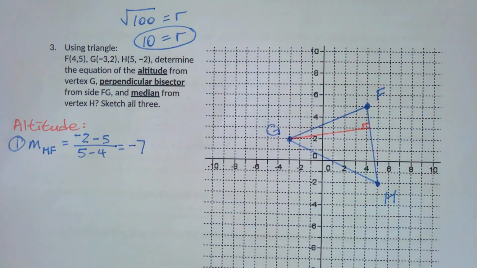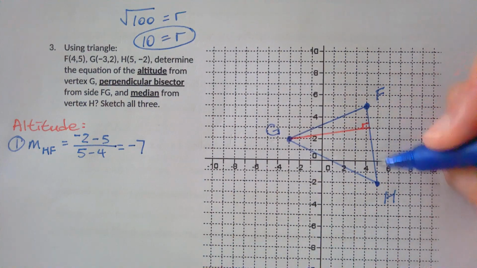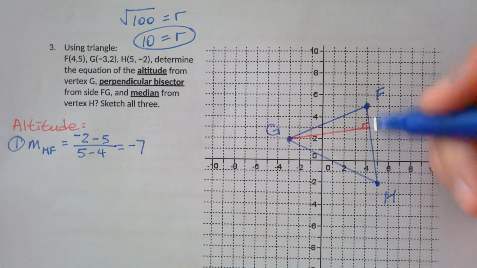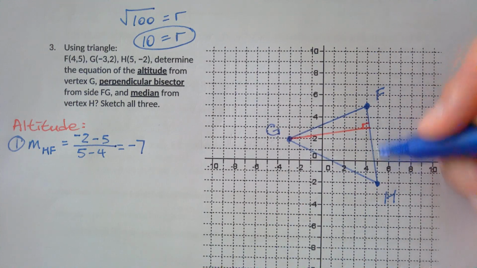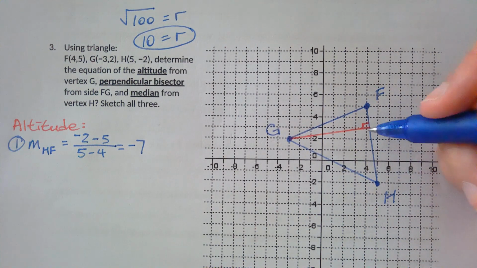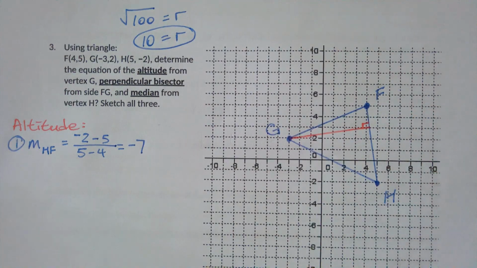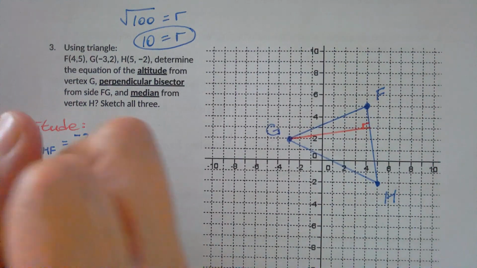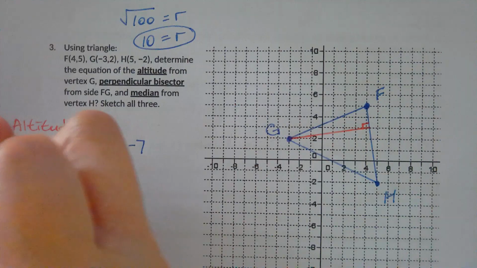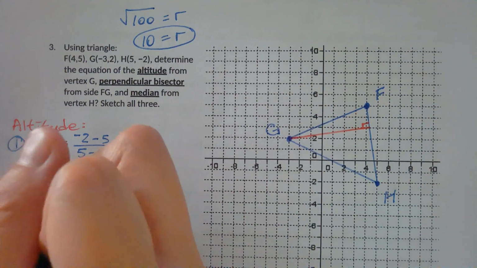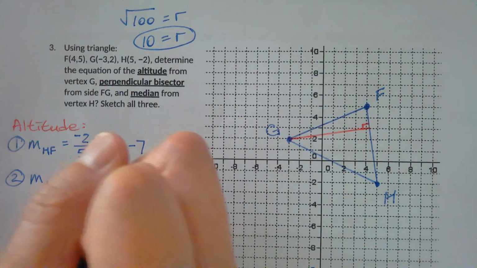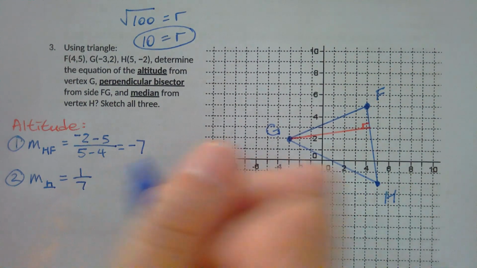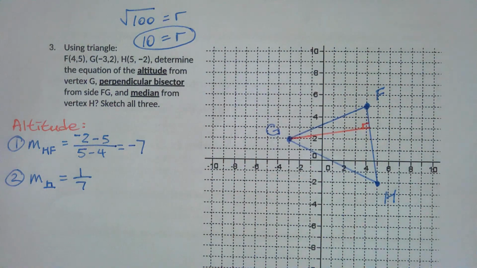Once I have this slope, how is it going to help me with the red line? I know the slope of the blue line. How does it help me find the slope of the red line? Negative reciprocal. Right. Perfect. Negative reciprocal of negative 7 would be positive 1 over 7.